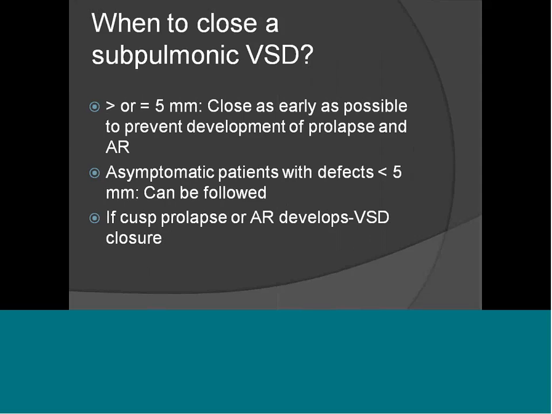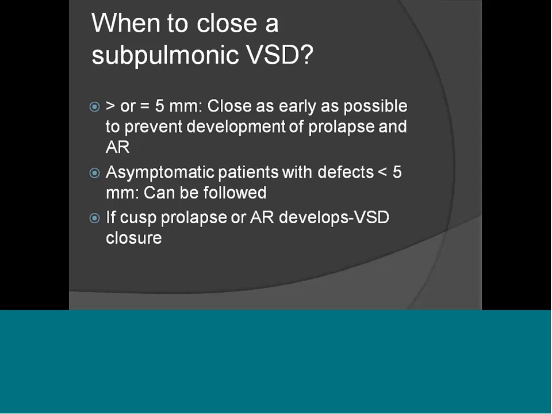If you've got an asymptomatic patient with a small defect, with no left heart volume load, with no cusp prolapse, with no AR, he can be followed just like you follow a perimembranous VSD. If you have a moderate VSD or cusp prolapse or AR, yes, you're going to close it. You're going to use the same criteria that you use in other kids.